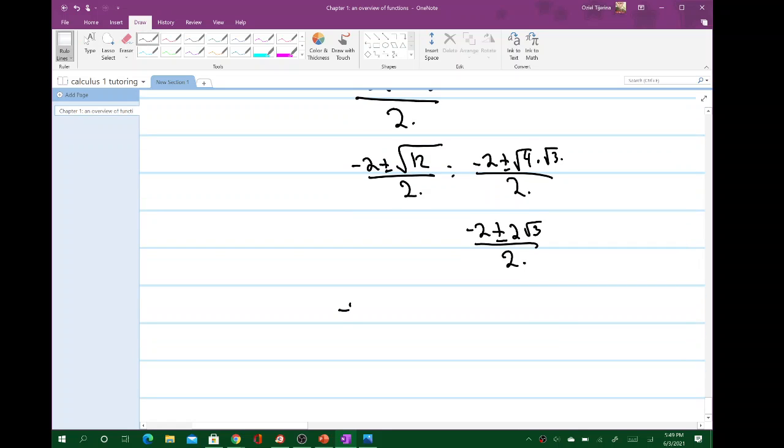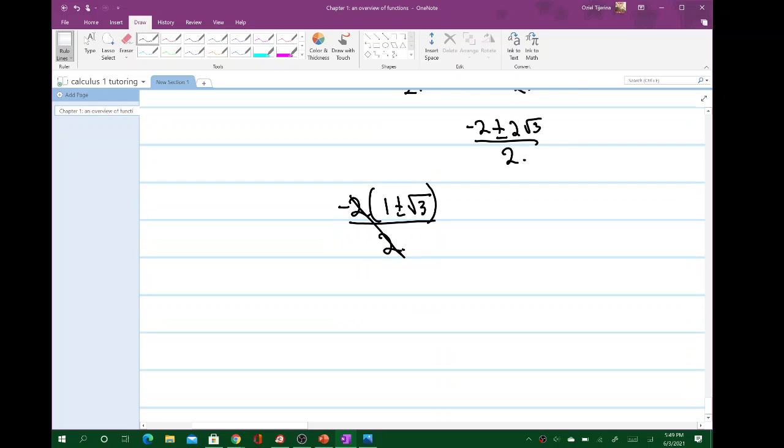This is equal to -2, and you factor the 2 out, times 1 plus or minus the square root of 3, all over 2. So basically you have x equals the negative of the quantity 1 plus or minus the square root of 3.